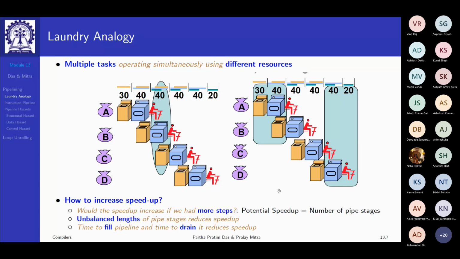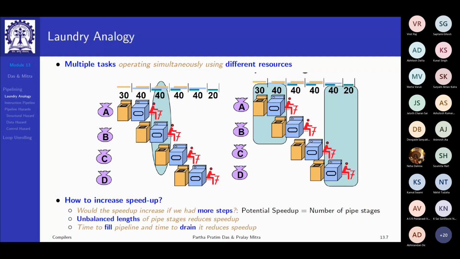As you can see, multiple tasks are operating simultaneously on different resources, as the diagram on the left shows. And how can we increase this speedup? There could be several ideas. One is it would speed up if we had more steps. In the case of laundry, possibly we cannot divide it into further steps because it is decided by the specific machines and the specific tasks.